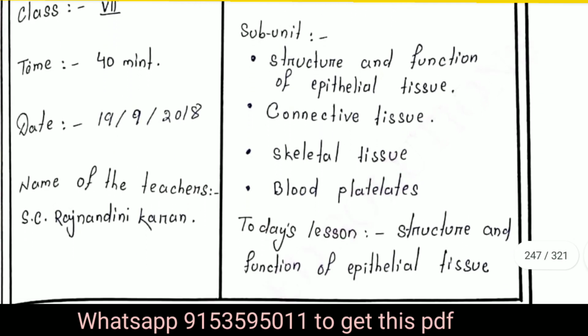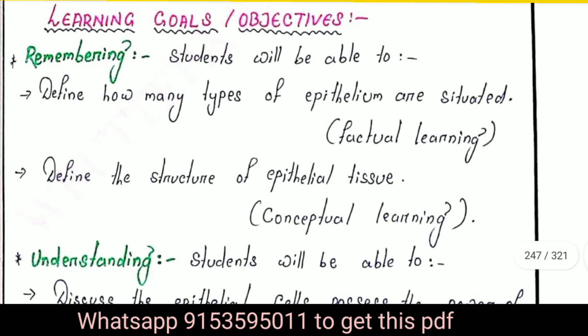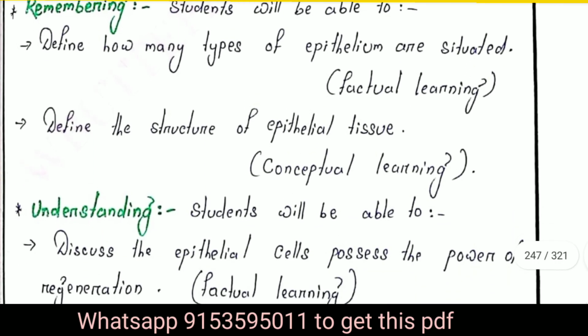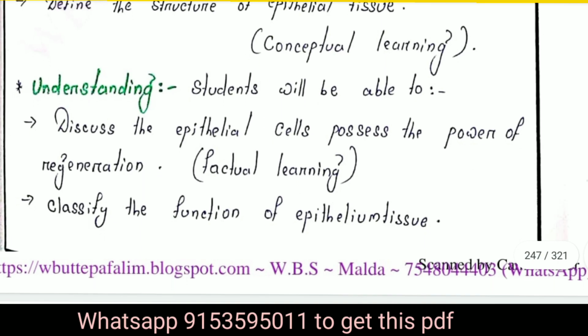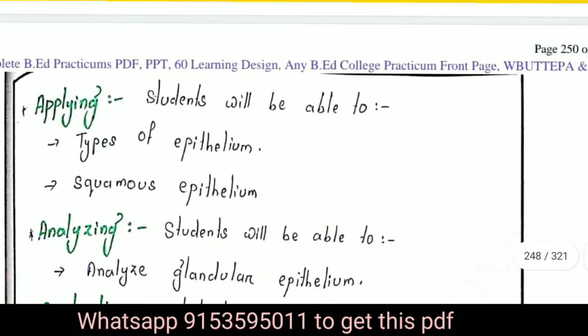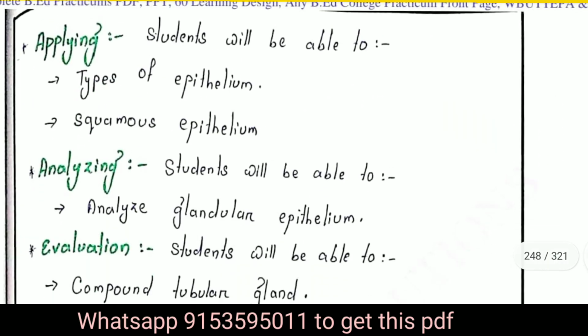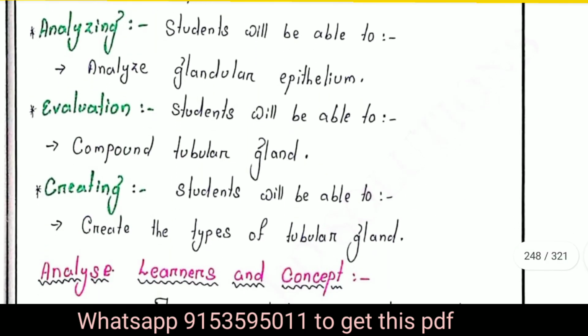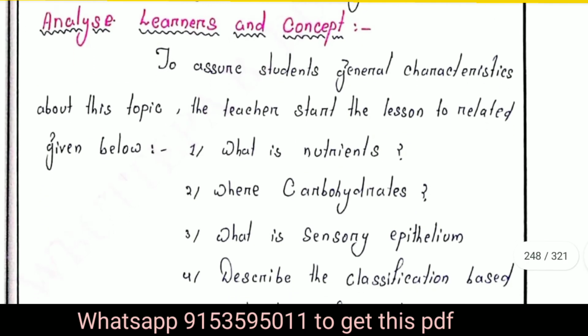Today's lesson: structure and function of epithelial tissue. Learning goals or objective: remembering, understanding, applying. Student will be able to name the types of epithelium, squamous epithelium. Analyzing, evaluating, creating. Analyze learner and concept.